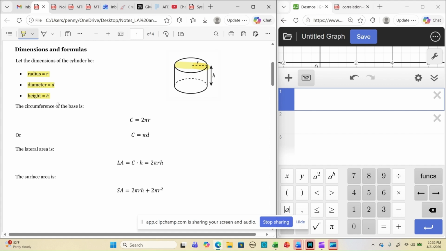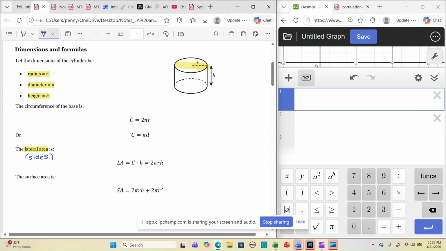Now we go over that because we're talking about lateral area and surface area. Lateral area is the area of the sides of our shape. In this case, we have one continuous side, which is circular.